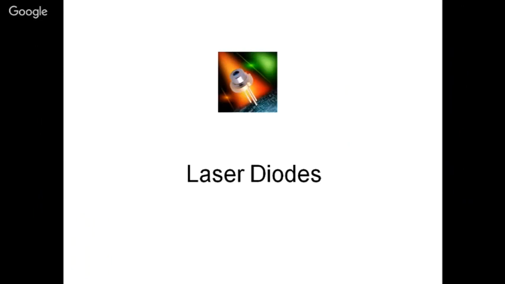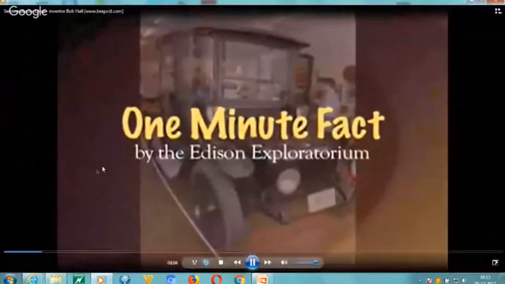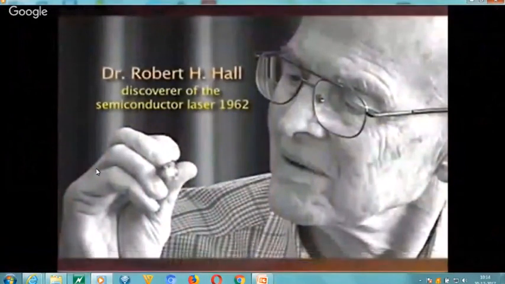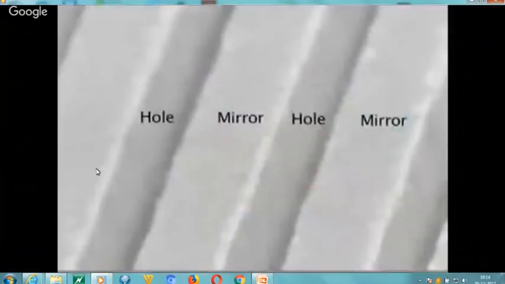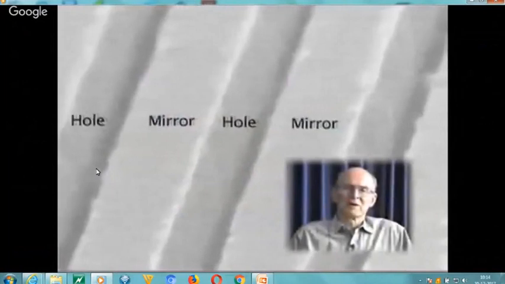Then came laser. It's a crystal, very much like gallium arsenide, a tiny crystal with mirrors front and back, polished and cleaved, so there's a largely reflecting surface on both faces.